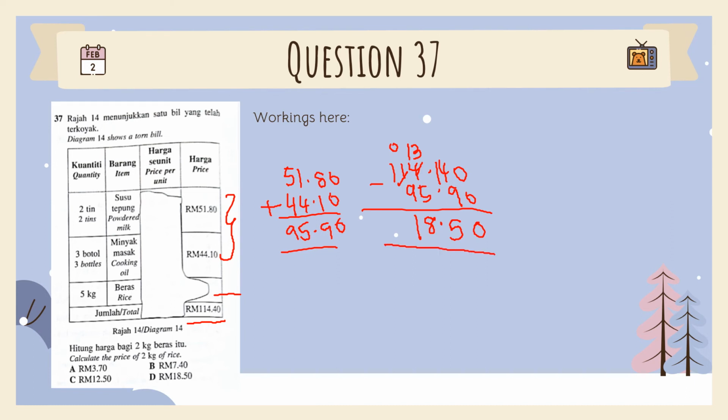Okay, so I get 18 ringgit and 50 cent. Our next step is by finding the price per unit for rice. So how to find is by finding how much is 1 kilogram. So we just have to divide it by 5.